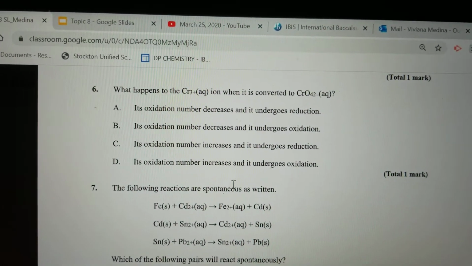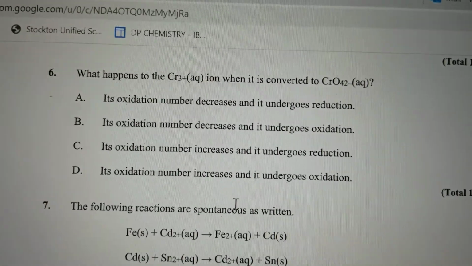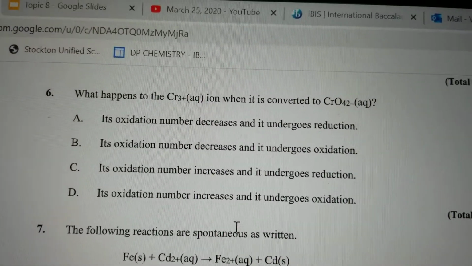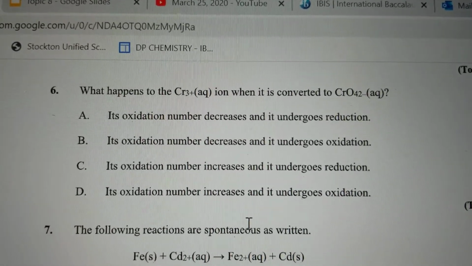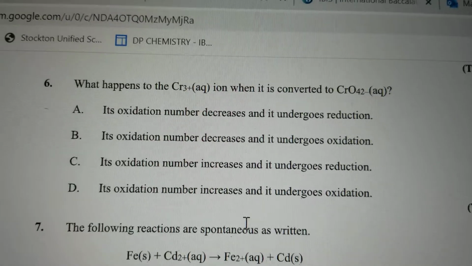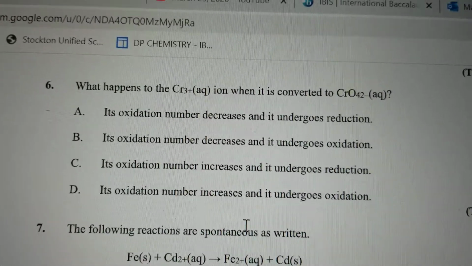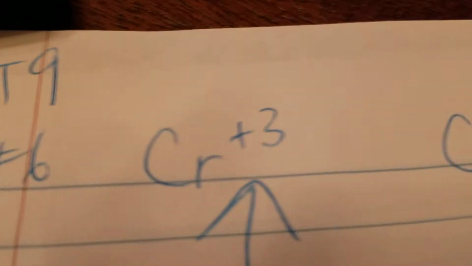All right, so number 6 is a little confusing because of the way that the charges aren't written as charges. So I'm glad, Chang, you asked this question, because that's not CR3 plus, it's Cr with a +3 charge. So like that.